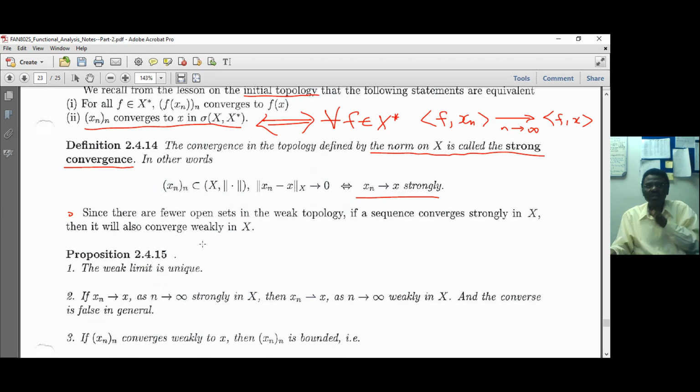So stronger implies, so you remember we say if we have a property for a strong topology, it will imply that it's true for the weak topology. That's exactly what we have here. If it converges for the strong topology, it will also converge for the weak. But if it converges for the weak topology, that's not necessarily true for the strong topology, because it has few opens to prove convergence.